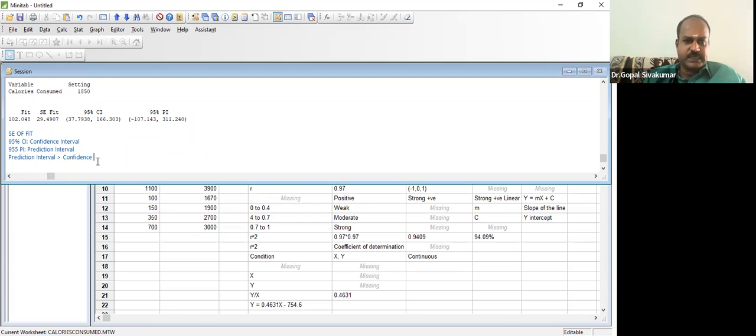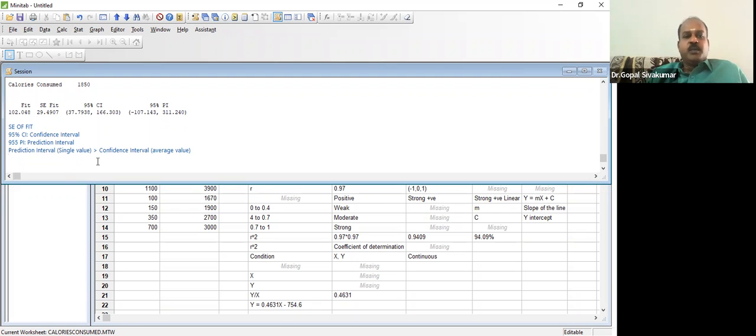Hope all of you can understand this, right? The prediction interval is more than the confidence interval, because prediction is always for a single value, and the confidence interval is for the average value. I do not know how many of you understand that.